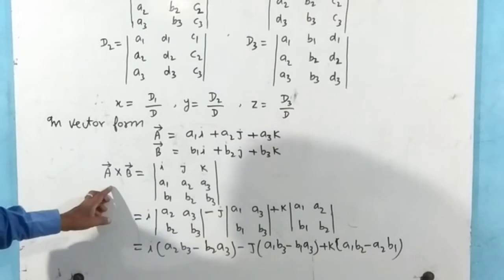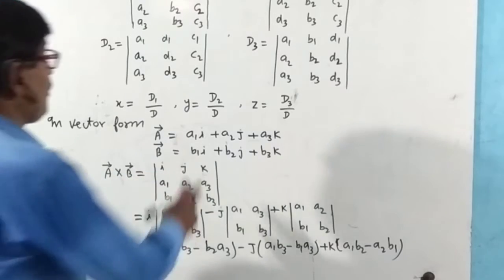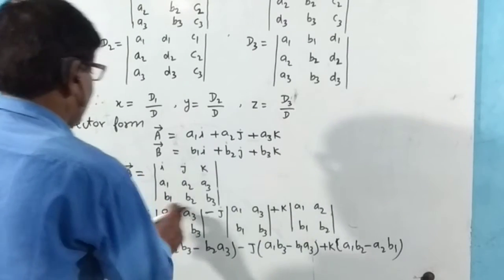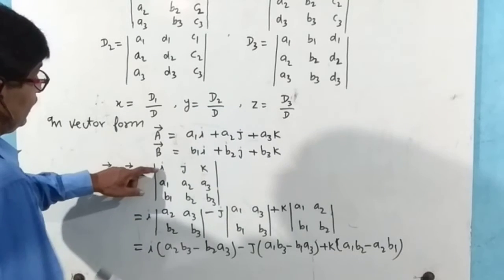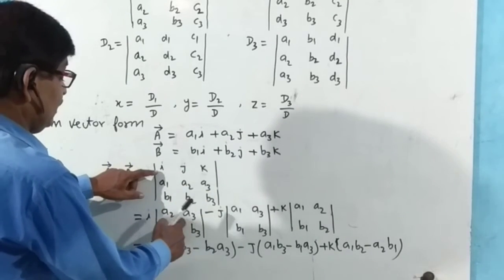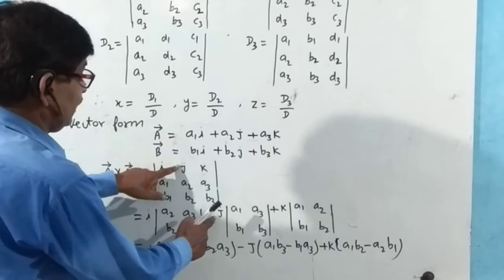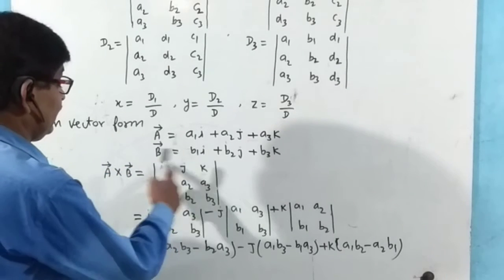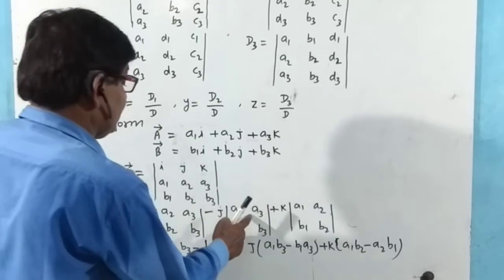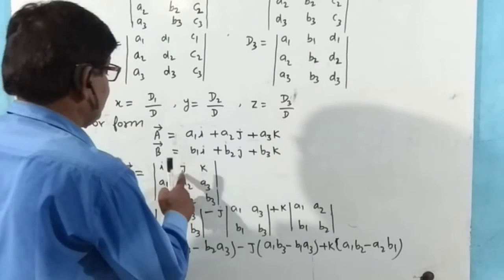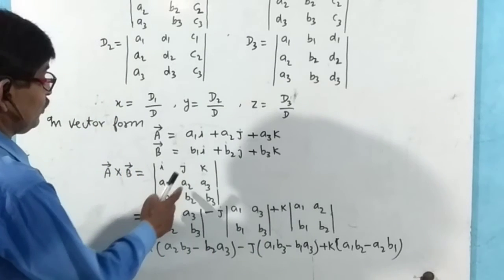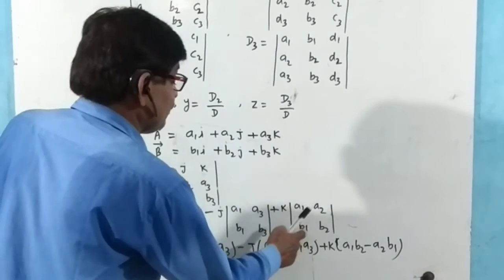This can be written as A cross B equal to the determinant with rows I J K, A1 A2 A3, B1 B2 B3. Now we can expand along I. We delete this row and column, leaving A2 A3, B2 B3. Here plus or minus, J, deleting this row and column, leaving A1 A3 and B1 B3, and plus minus plus K, deleting this and this, leaving A1 A2 B1 B2.